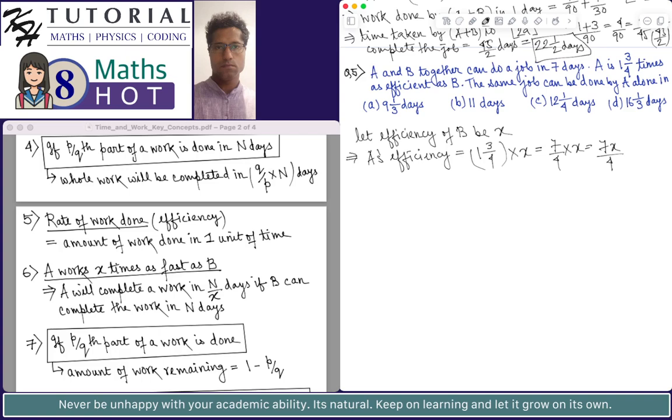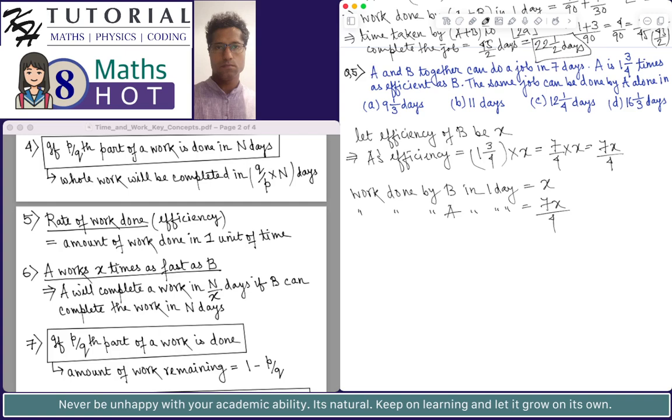Now efficiency means work done, so work done by B in one day is X, because this is the definition of efficiency. Similarly, work done by A in one day is equal to 7x by 4.